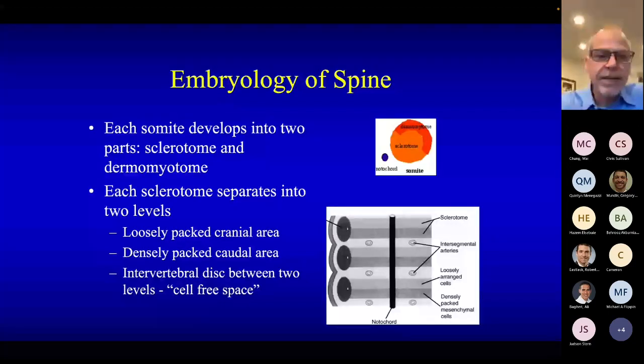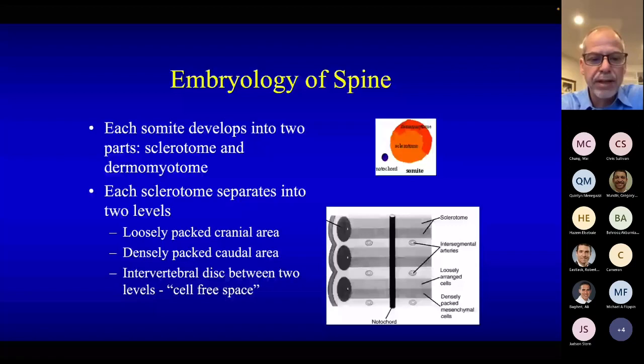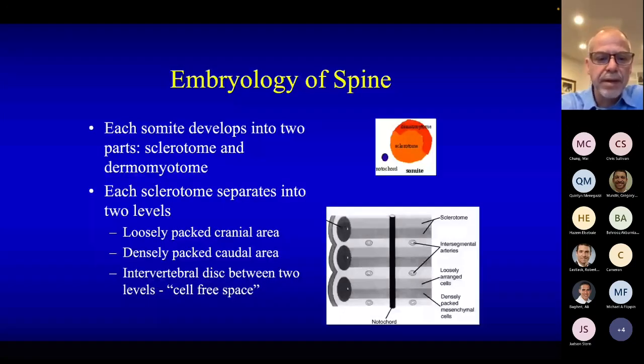The idea is that there are these somites that develop and split into basically sclerotomes and dermatomes, and then each of these sclerotomes separates into two levels, the loosely packed cranial level and the densely packed caudal level. It's actually the formation of the intervertebral disc spaces between these two.